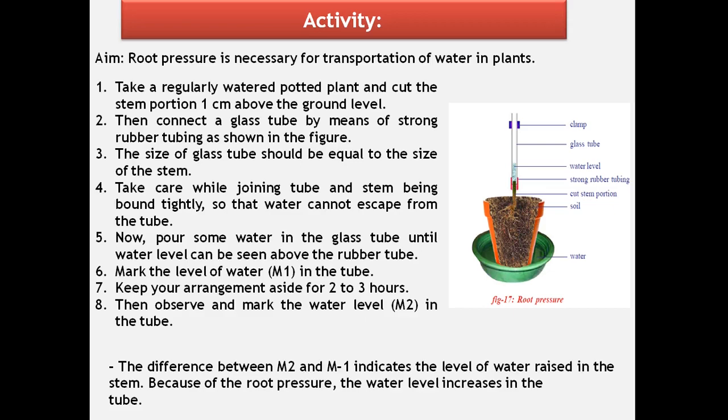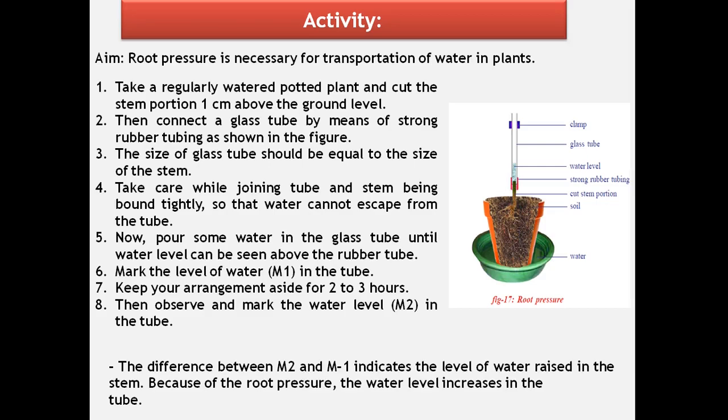Pour some water in the glass tube until the water level can be seen above the rubber tube. Mark the water level in the tube, that is M1. Keep the apparatus aside for 2 to 3 hours without disturbing it.